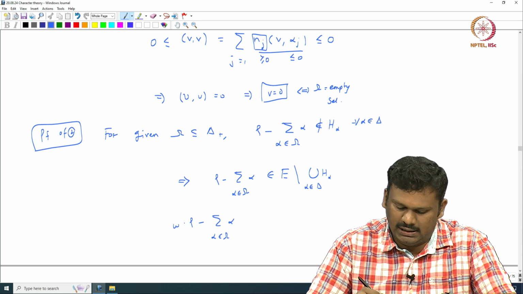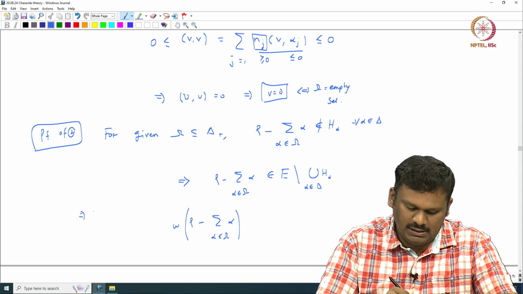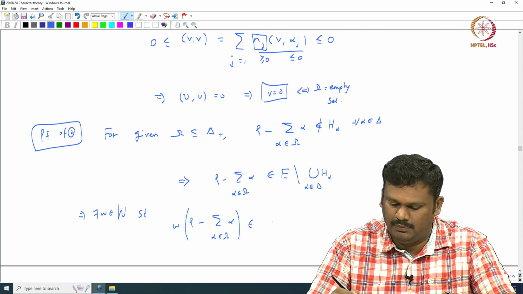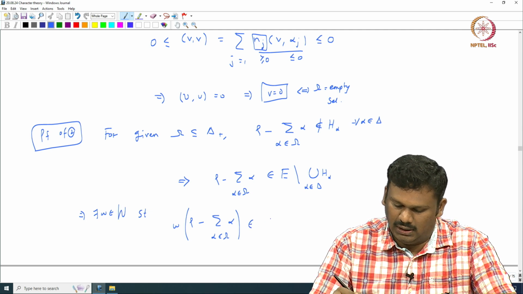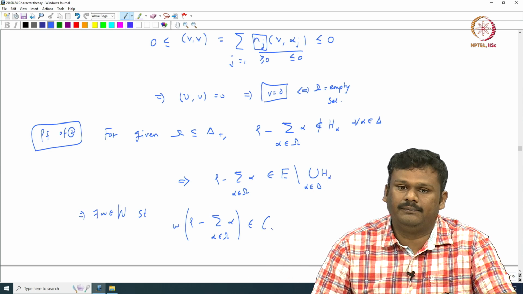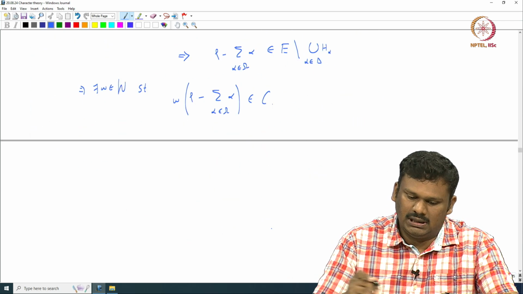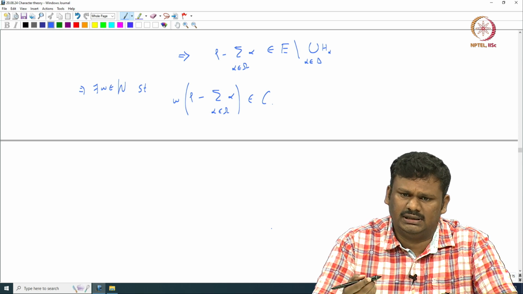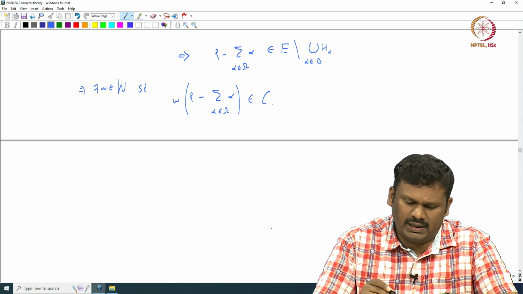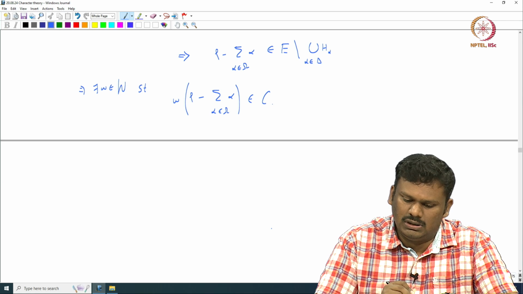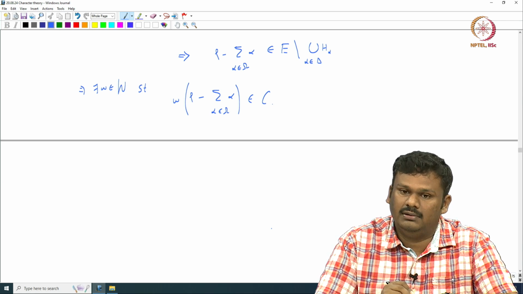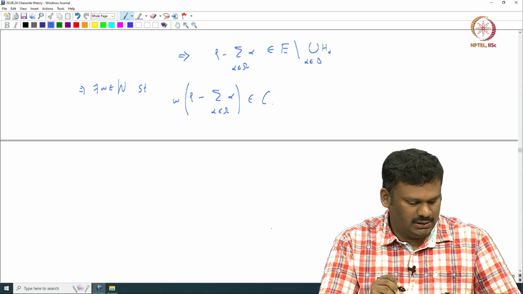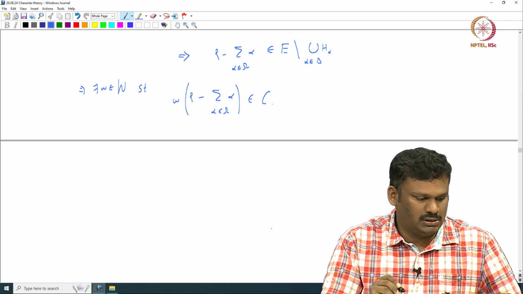So there exists W in the Weyl group such that W of this is inside the fundamental chamber C. And now it is not hard to see, because W permutes the set of roots, you can just work out the detail, because this rho minus summation alpha, alpha in omega, can be rewritten in terms of this set of positive roots.